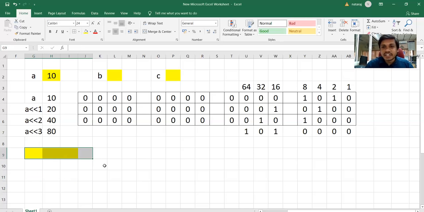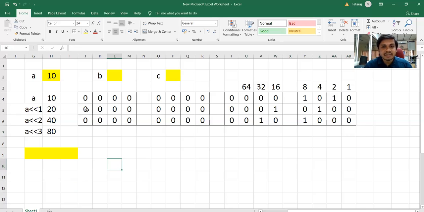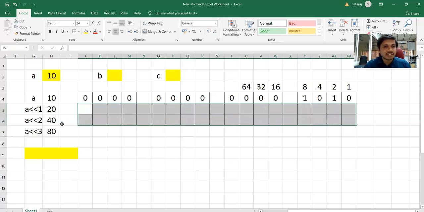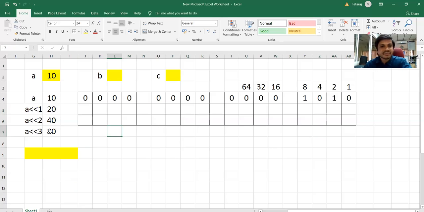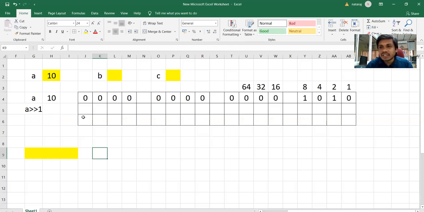Now we will see right shift operation. Initially let A value be 10. We have to shift A to the right by one step.